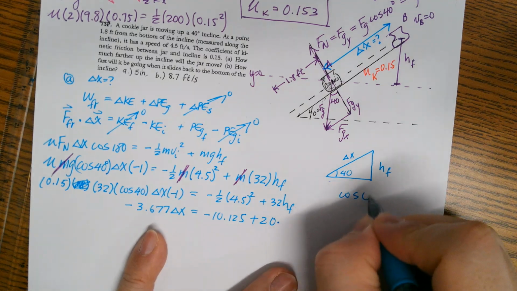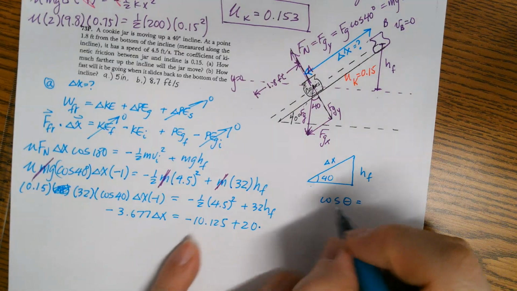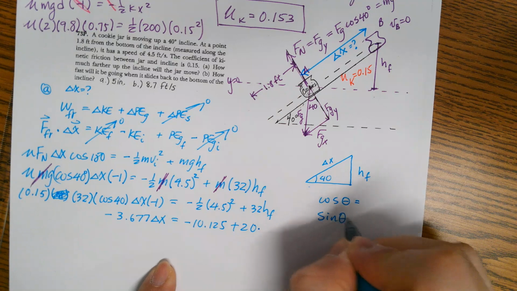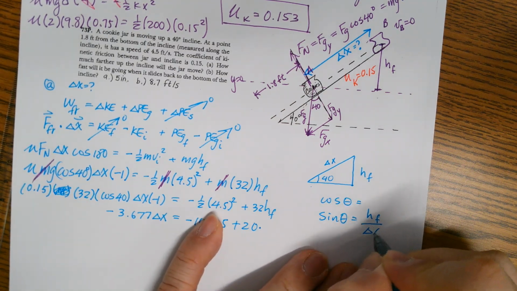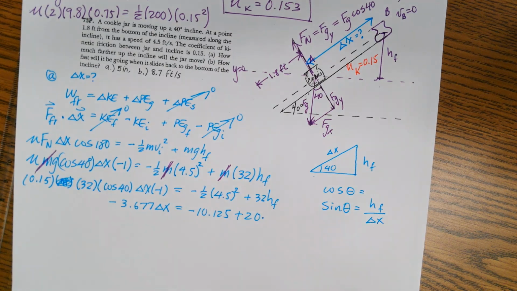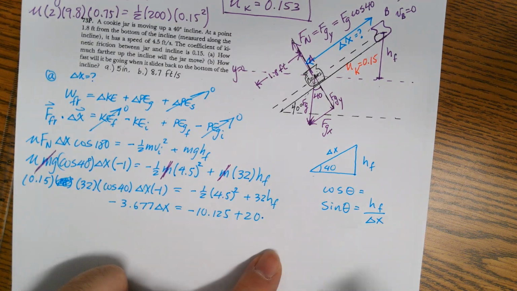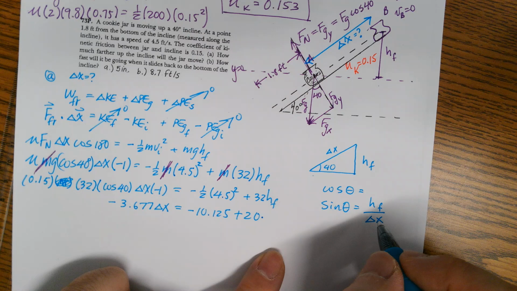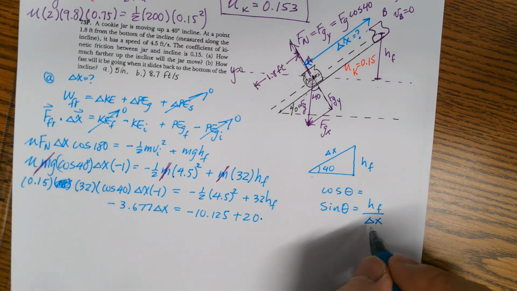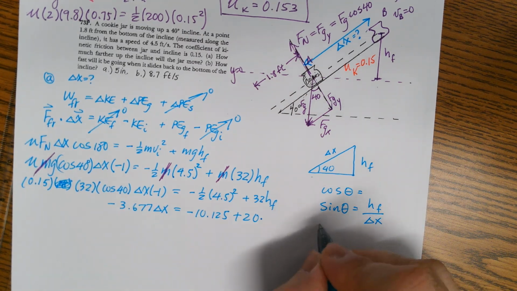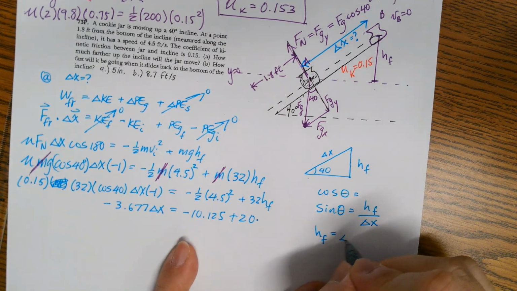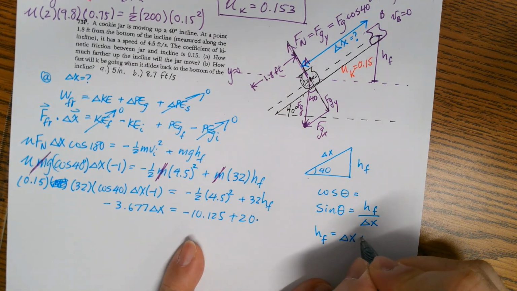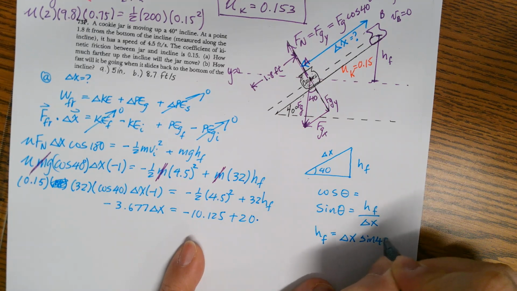So sine of theta is equal to HF over delta x. So I can substitute my HF as delta x sine of 40 degrees.